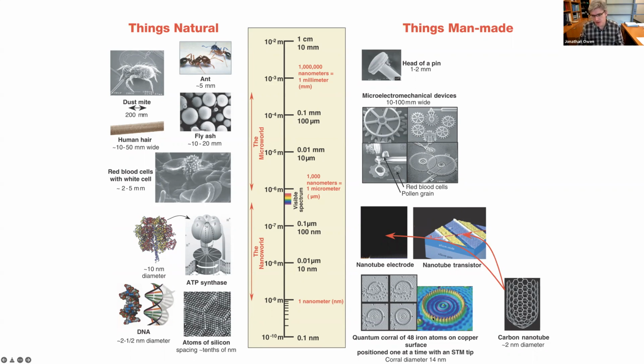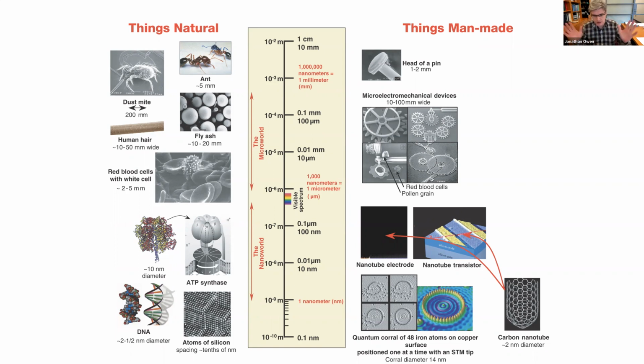A bunch of iron atoms that were moved around with a tunneling microscope tip and made into what they call a quantum coral, and then the electronic structure imaged with that tip. So physicists have gotten really good at manipulating stuff on that length scale, and chemists have gotten very good at making things on that length scale from the bottom up, and that's kind of the perspective we're going to take.